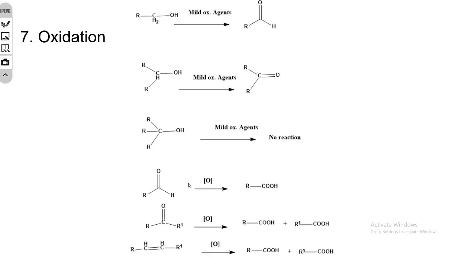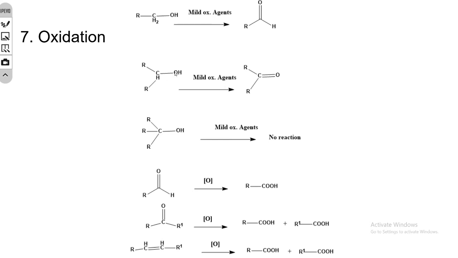The next degradation step is oxidation. This reaction you are familiar with from our organic chemistry class. If our alkaloid contains a primary alcohol, on treating with a mild oxidizing agent it gives an aldehyde.